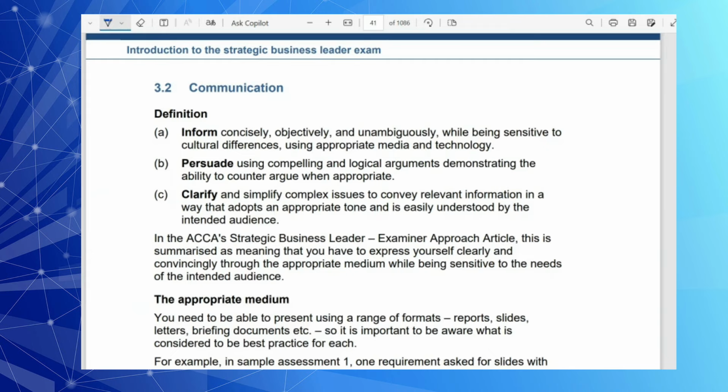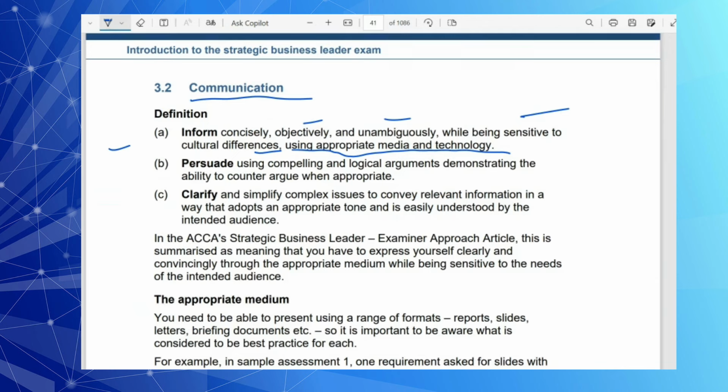Then second is communication. As we discuss communication: inform concisely, objectively, and unambiguously, while being sensitive to cultural differences, using appropriate media and technology. You should inform the stakeholders.